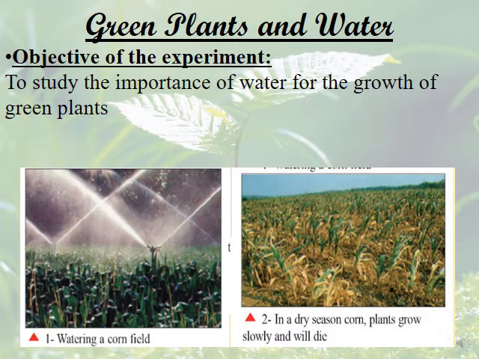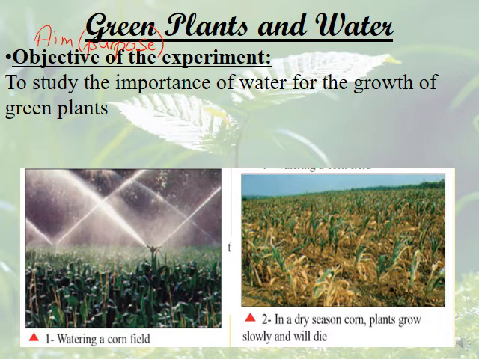Let's move to green plants and water. The objective of this experiment, other names for the objective are the aim or the purpose of this experiment. The purpose of this experiment is to study the importance of water for the growth of the green plants. So this is the aim.